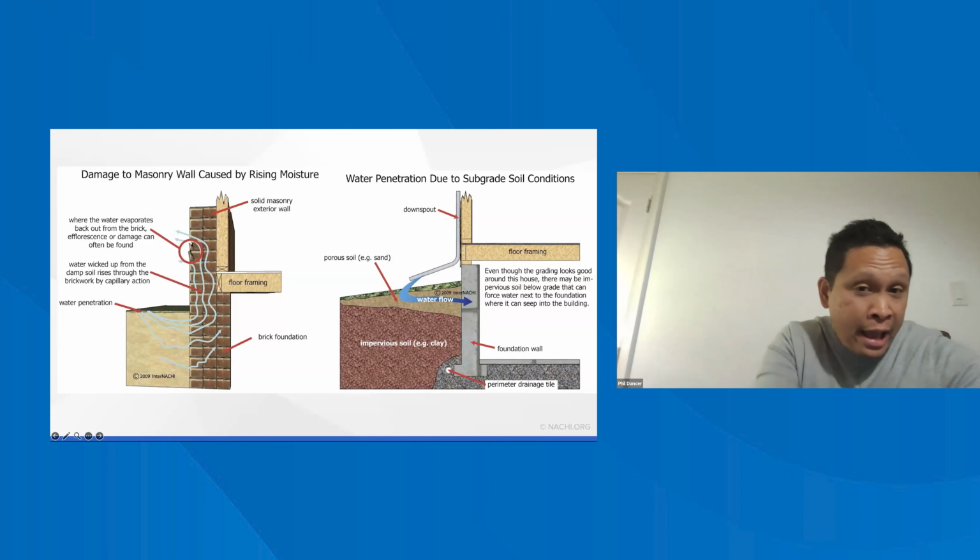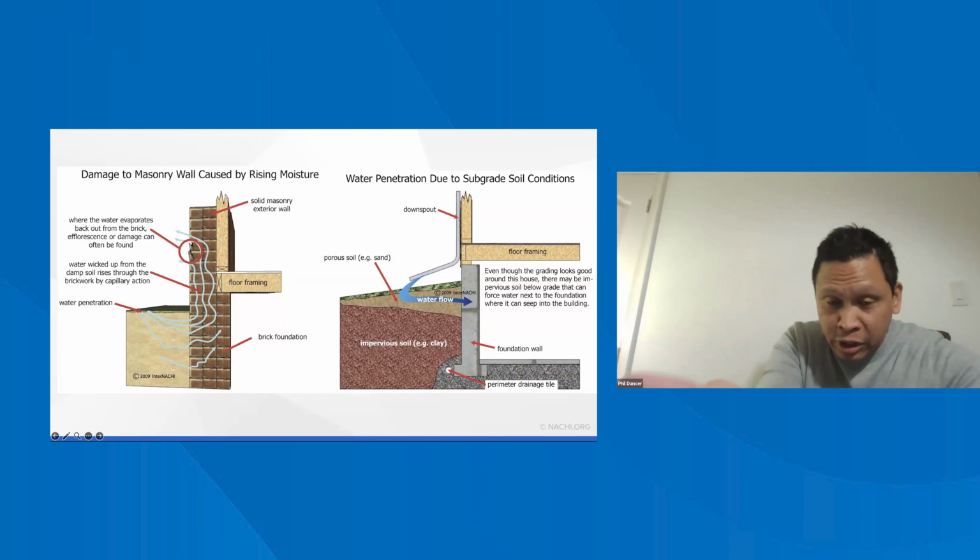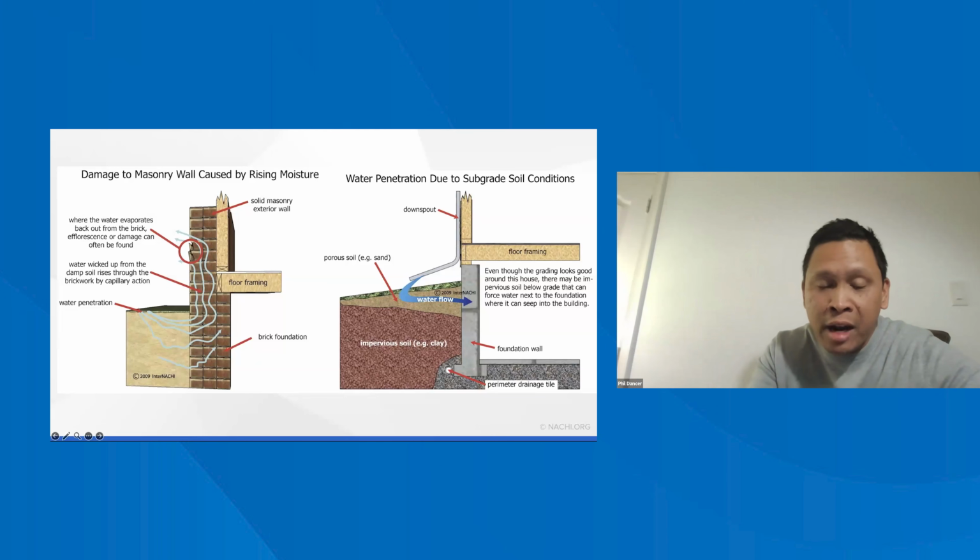And again, it's impossible to know, especially if we're at a finished home, is there a sill sealer on that bottom plate? I don't know, but if you're doing a pre-drywall inspection, you better do your best to make sure that there's a sill sealer there.